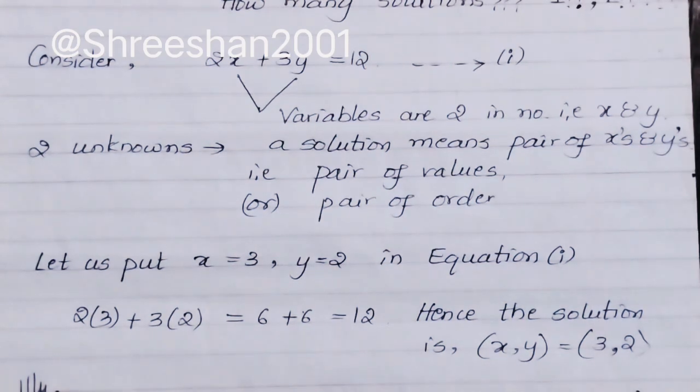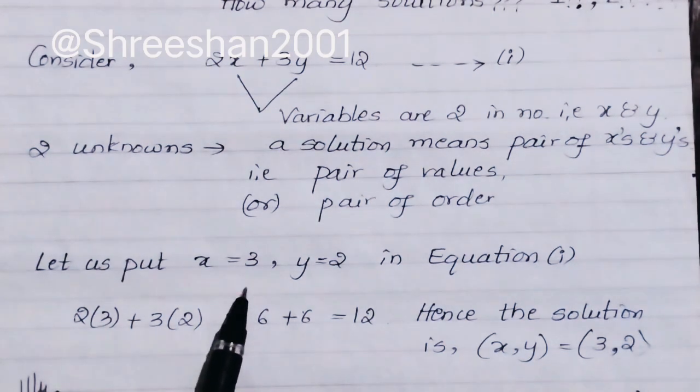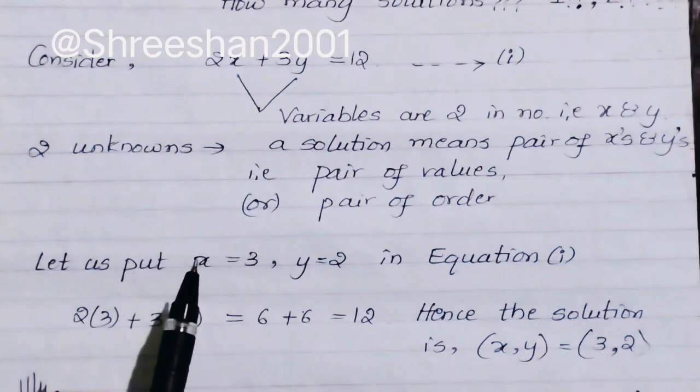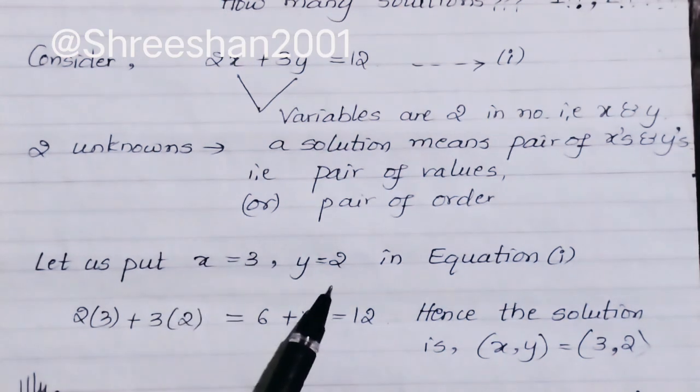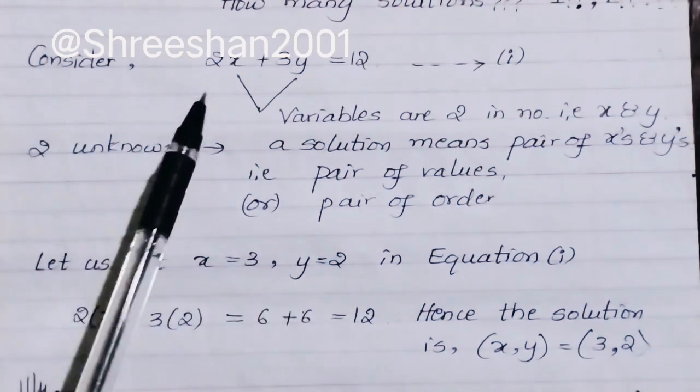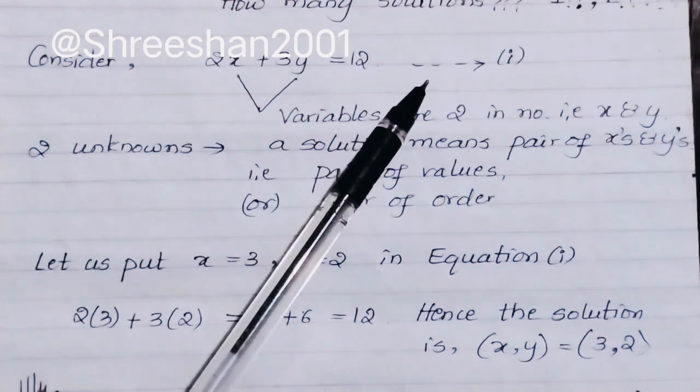Now let us consider x value as 3. It is a random value, just chosen randomly. If x value is 3, y value is 2. So consider 2x plus 3y is equal to 12 as my equation 1.